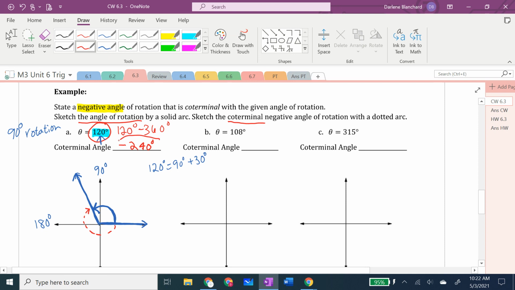So negative 240 is starting at 0, heading in the negative direction, and going past 180 degrees, and in fact going 2/3 of a quadrant past 180 degrees. And so that's what you're expected to draw.